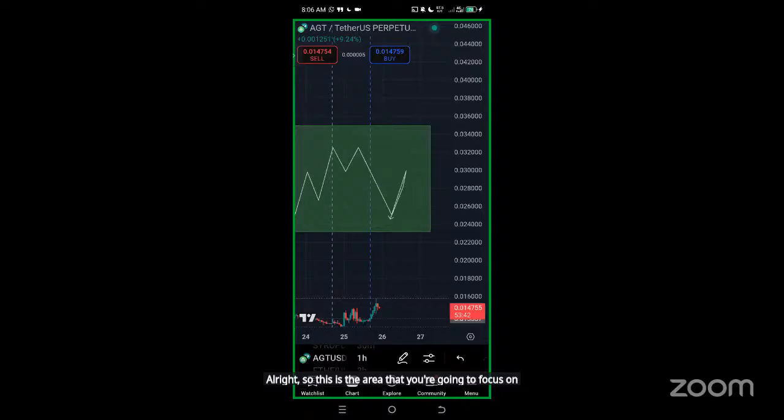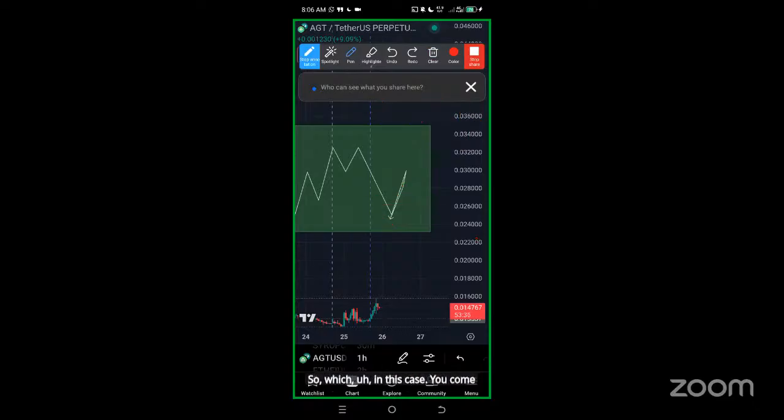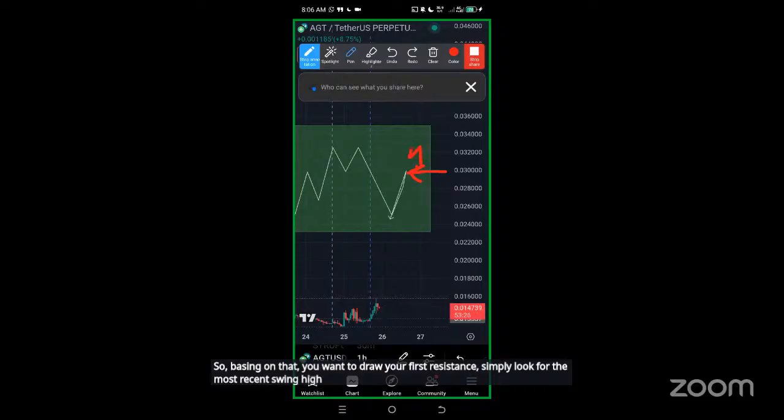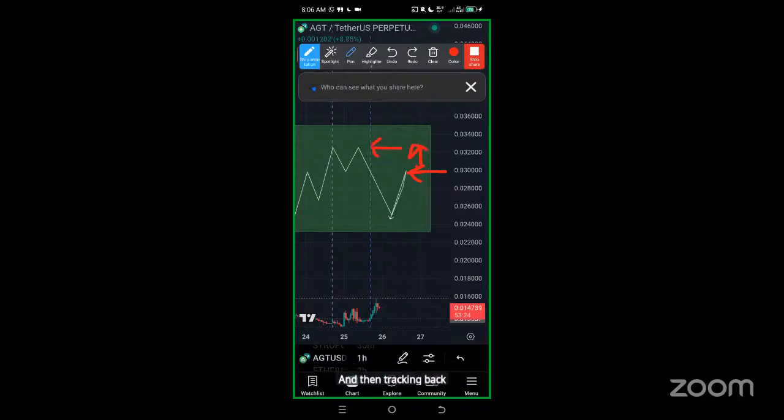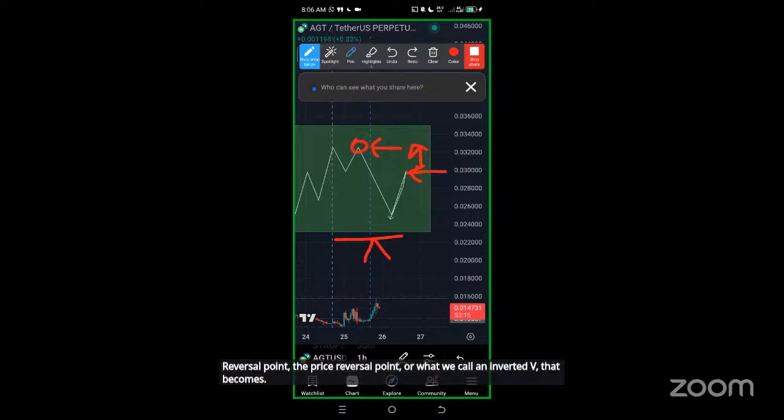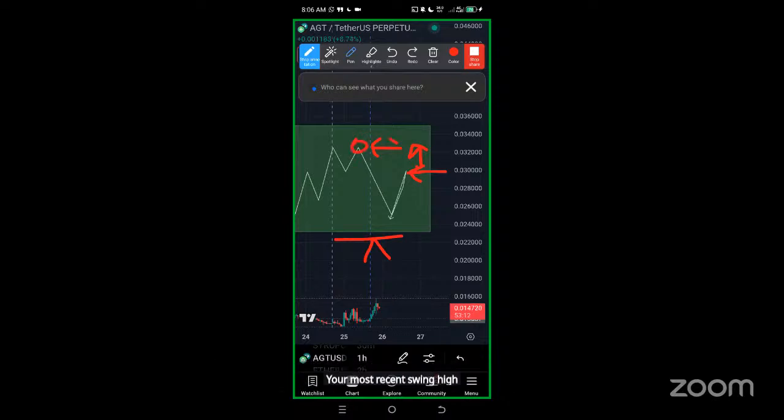Then two, you're going to locate your market price. In this case, you come on the chart and look at where the market price is. Basing on that, you want to draw your first resistance. Simply look for the most recent swing high by moving upward and then tracking backwards. The first price reversal point, what we call an inverted V, becomes your most recent swing high because it is what you met in the course of the build-up of this movement.